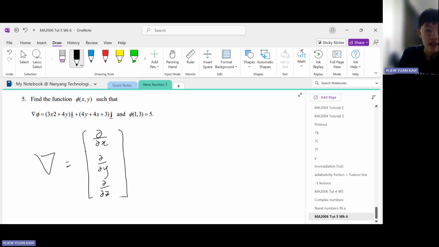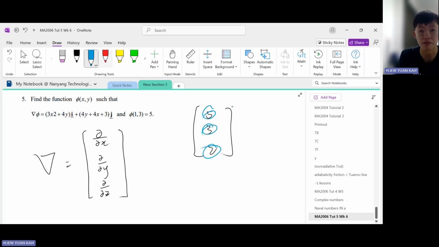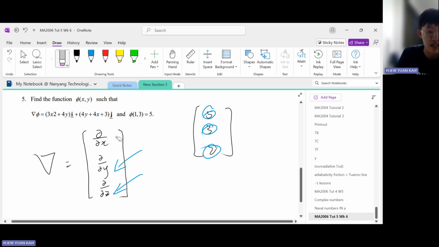So think of Nabla as a vector, just a normal vector. Like for example, I give you a vector 5, 3, 2. See, it has 3 entries, except I don't put numbers inside the entries. What I put in each entry is the derivative in the x, the derivative in the y, and the derivative in the z. So that's what Nabla is defined to be.